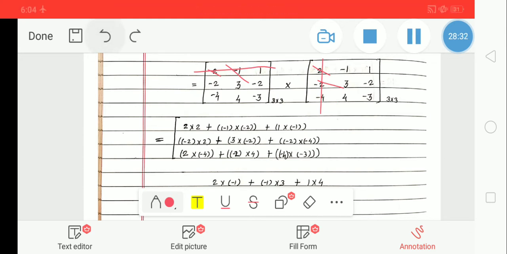Now we take the second row and first column. Why?